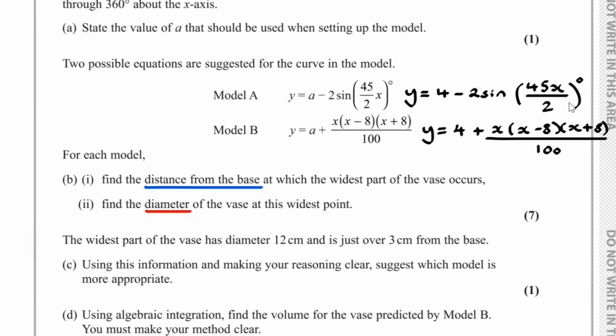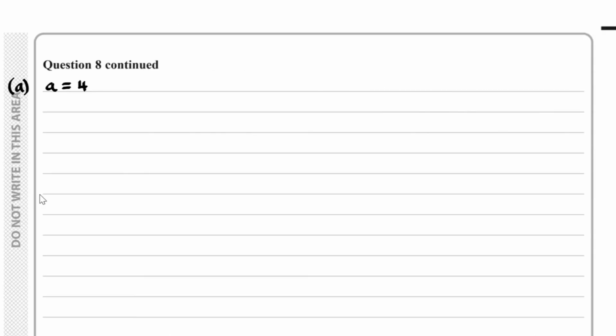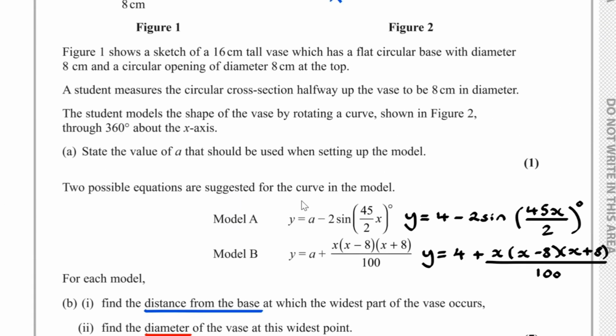It's difficult, at least at AS level, to find the maximum of this using differentiation, but the way we can approach this, if I think about model A, is to think about the minimum of y equals sine x.